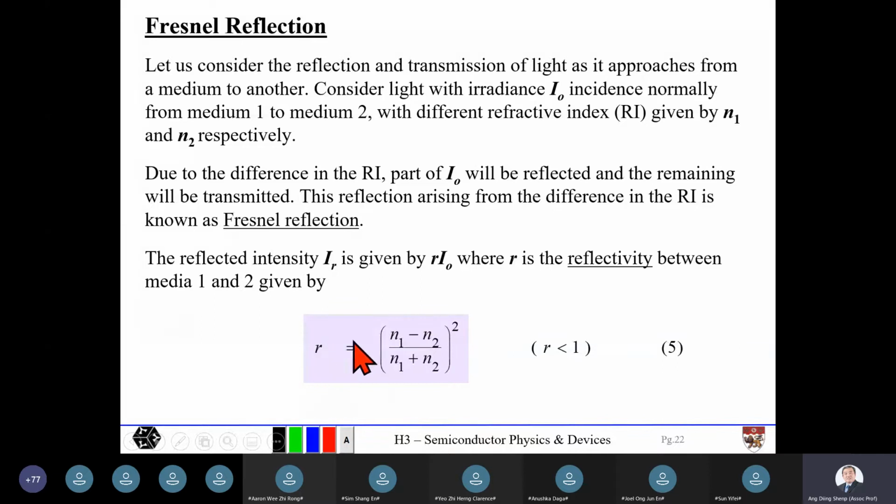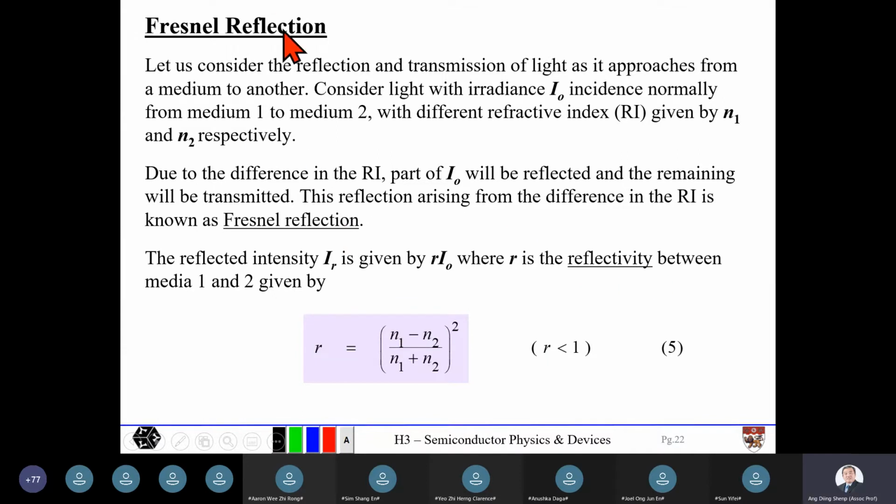R is a number always less than 1 but greater than 0. So basically, when light strikes the interface between two different media, part of it will always bounce back, and the fraction of light that bounces back is quantified by this parameter called reflectivity.